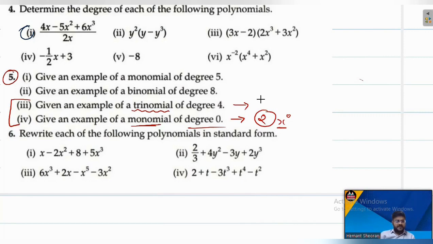Okay, then you have to do these, and we have to write them in standard form. So let's do these three one by one. Do you remember what the standard form was? Yes. Okay, what was it? You said yes, so you can answer.